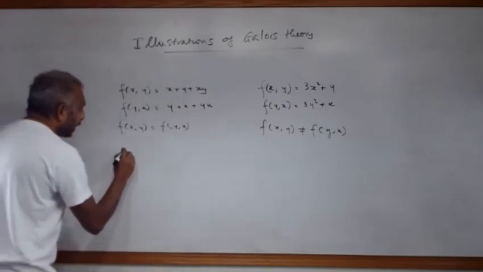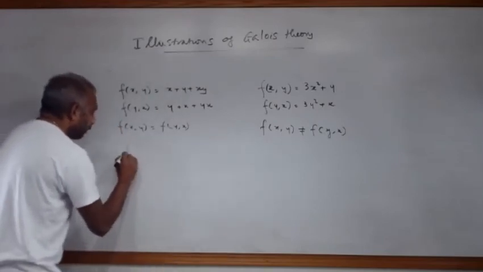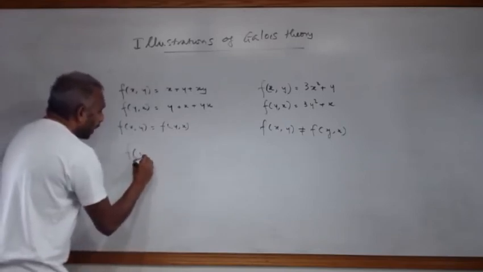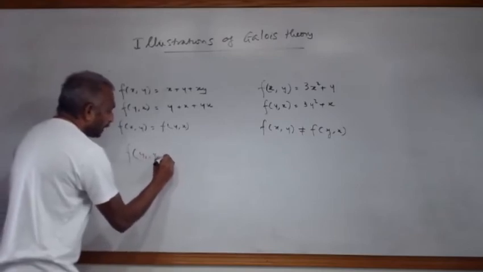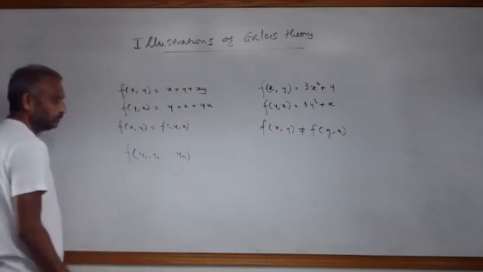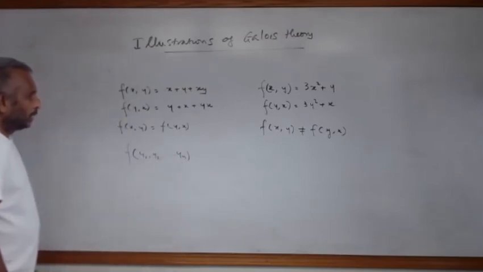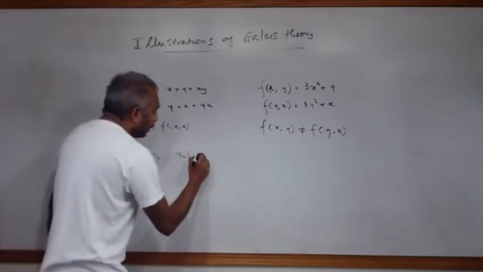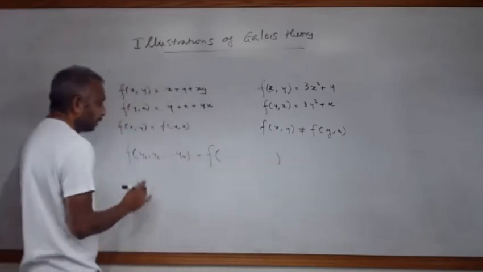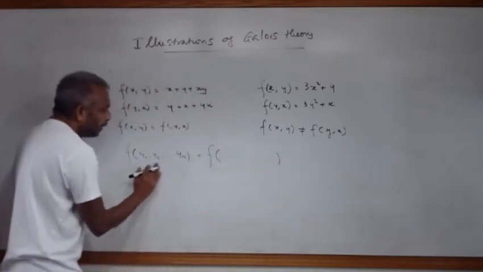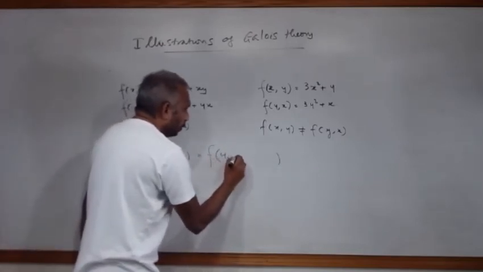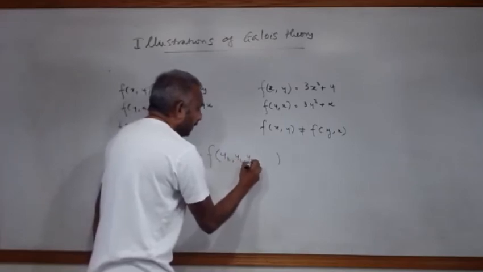So we'll consider a function f of y1, y2, ..., yn, n number of variables. If this is equal to f of these variables in some other order, probably y2, y1, then y3, ..., yn.